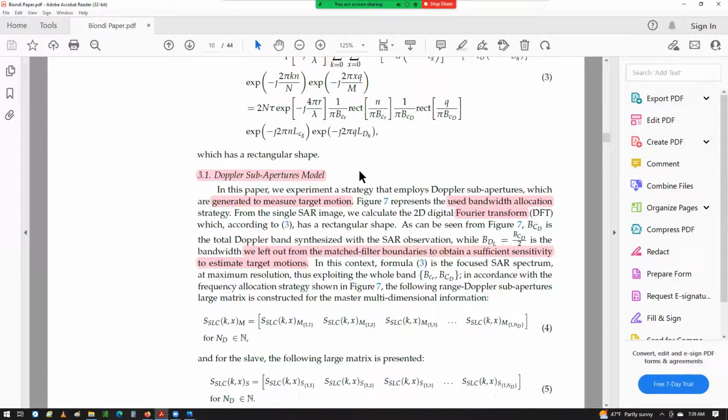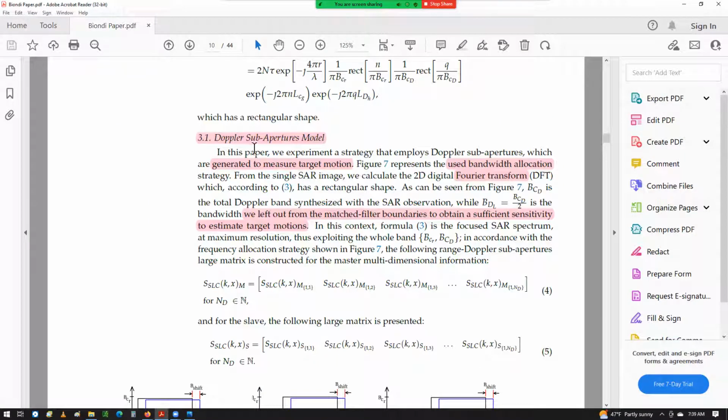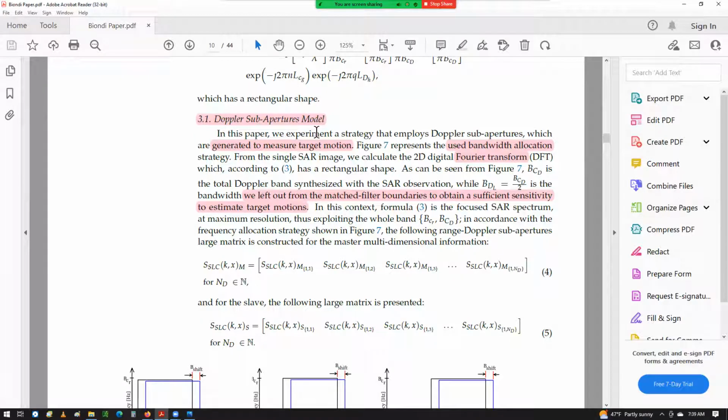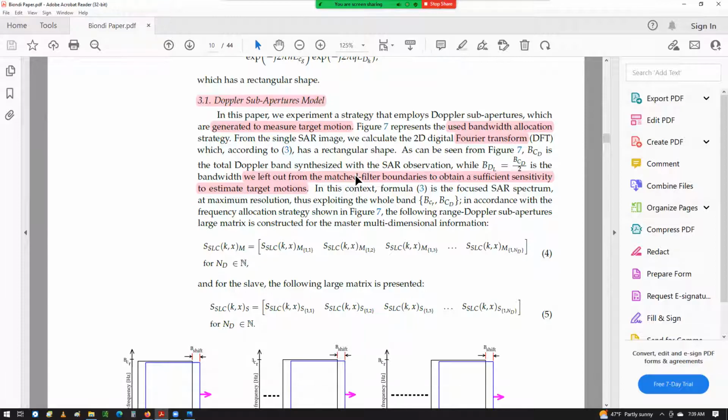So anyways, now here, this is an important part of the paper, the Doppler sub-aperture model. The upshot of this is that these tiny movements create basically a two-dimensional smear if you didn't do sub-apertures, if you just sweep across the area, because of that vibration.